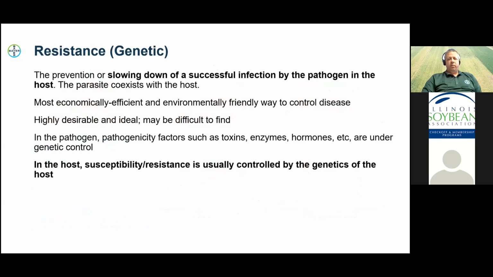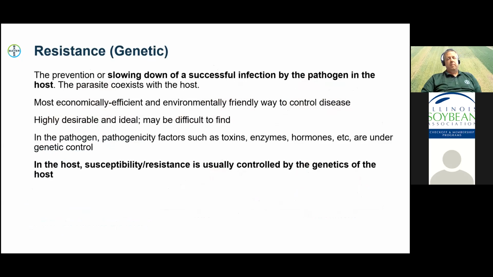So now one of the tools in our arsenal to combat fungi is genetic resistance. And so obviously we look at our soybean varieties and we look at what the Phytophthora resistance is, for instance.